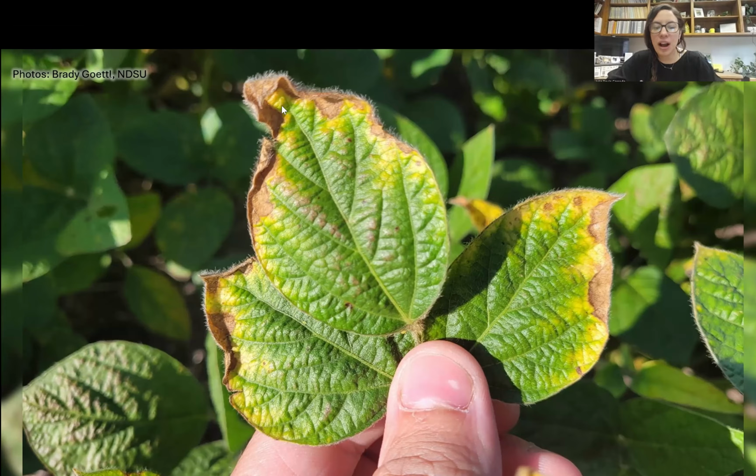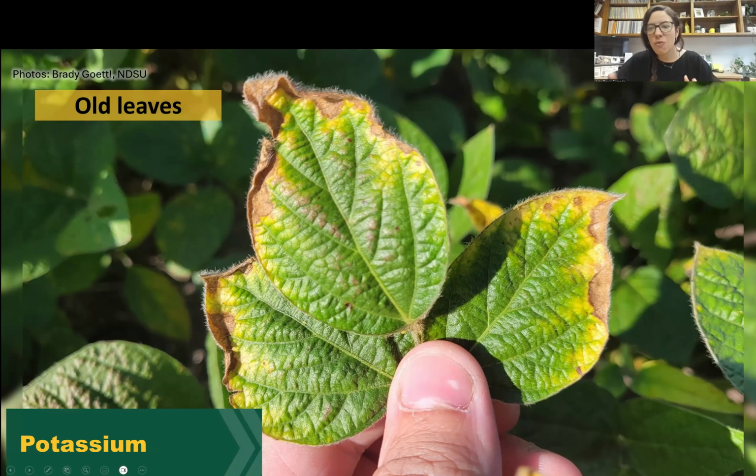Things you have to ask yourself when you see something that looks like a nutrient deficiency: something really important to check is in which leaves you are seeing the symptoms.